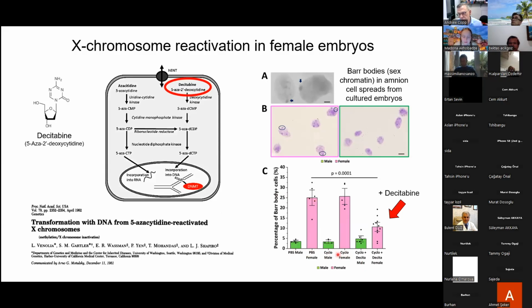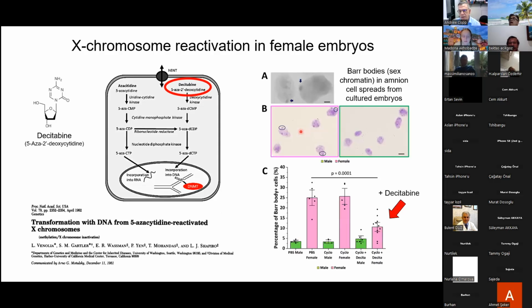When we treated with the drug that caused the neural tube defects, we saw no difference. But when we treated with decitabine, the inhibitor of DNA methylation, we then found that the percentage of cells with the Barr body was dramatically reduced. The males were not affected. So it did appear then that decitabine is actually able to reduce the number of Barr bodies and therefore reactivate the X chromosome.